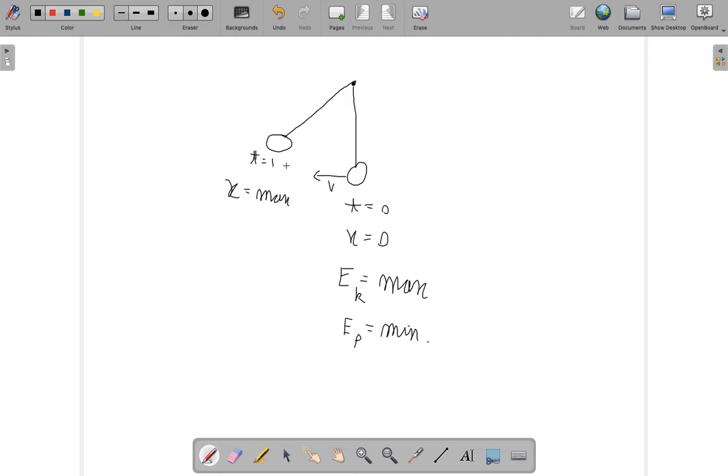Over here the pendulum has come to a complete standstill, which means the velocity of the pendulum here is 0. That means automatically the kinetic energy over here will be at its minimum, or just 0. And as it goes up here, it gains more potential energy because now it's higher up. So the potential energy is maximum.